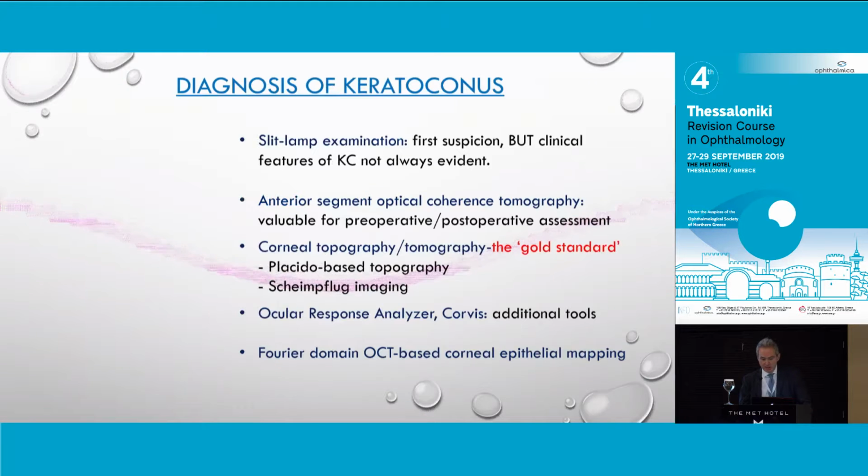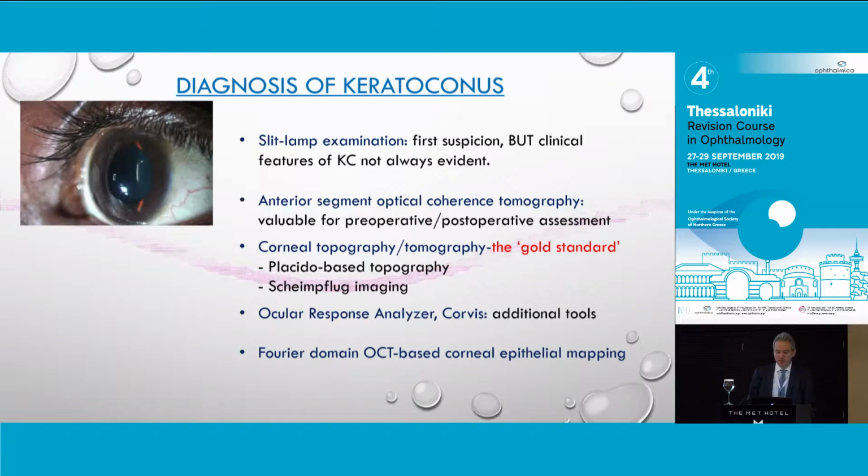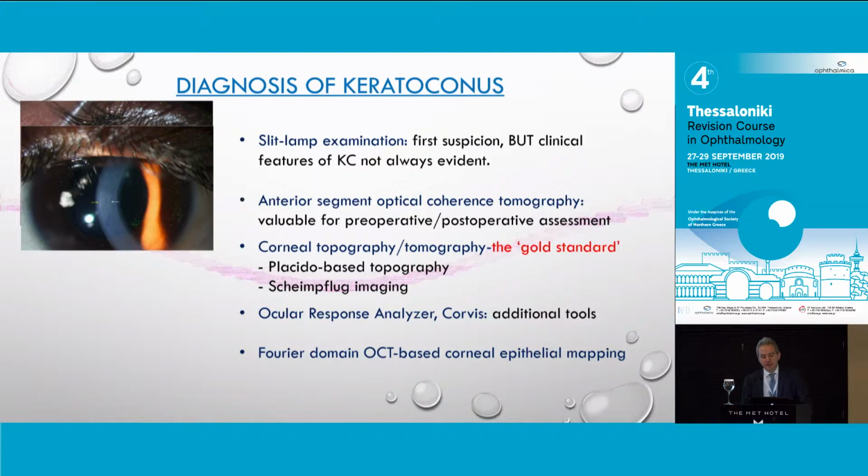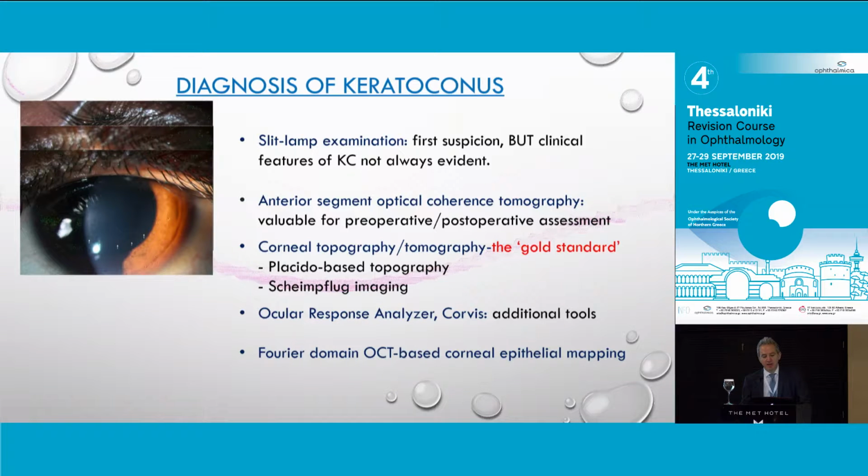above. Now, how do we diagnose keratoconus? Slit lamp examination is not adequate for early diagnosis. By the time that we observe the Vogt striae and the apical haze and maybe the Fleischer ring, it's already advanced. So slit lamp examination is for assessing patients at the late stage of the cone.